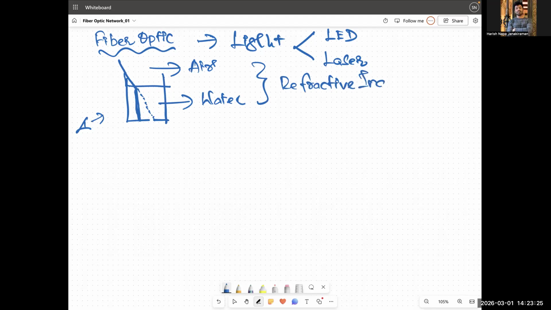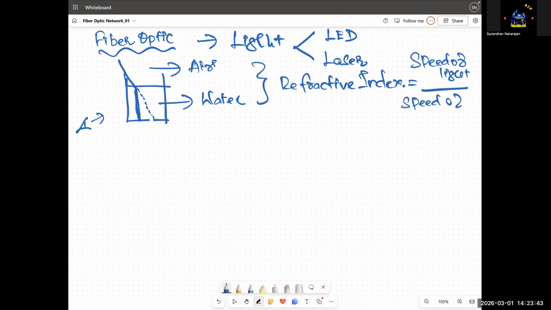Refractive index is nothing but the ratio of the speed of light in air divided by the speed of light in any medium.